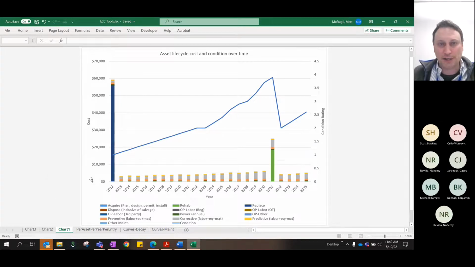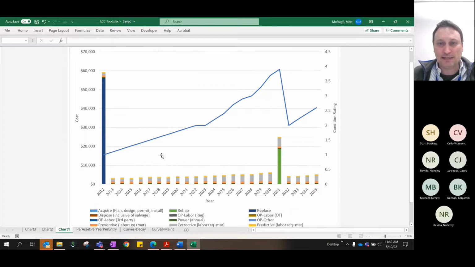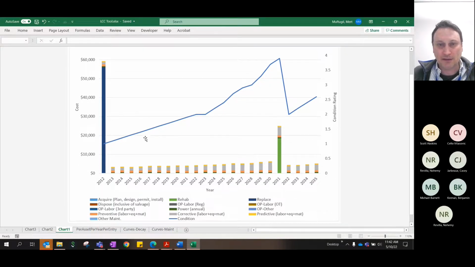Okay, so we have a few charts here. Look at the descriptions at the top. So this is the asset lifecycle cost and condition change over time. The cost related items you see on the left, and the condition curve is this gray-blue curve. So you can see how that actually tracks over time.